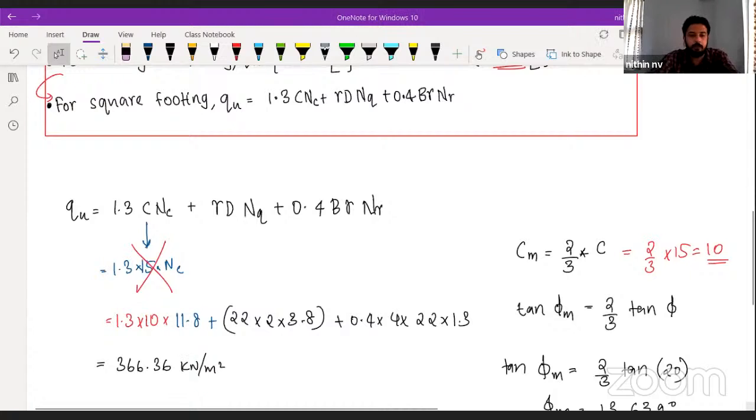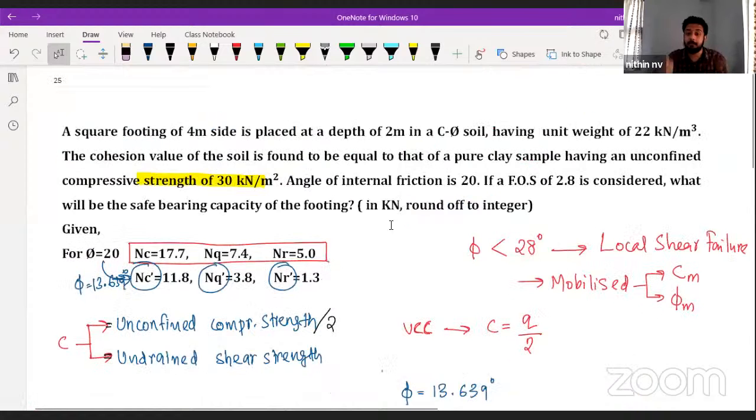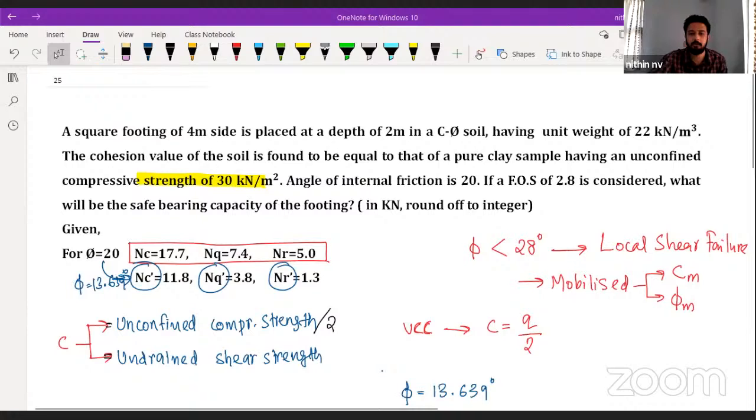QU, yes, very good. Okay, now what we need to do: guys, we may take maximum 5 more minutes, then we'll finish. If they were asking what will be the ultimate bearing capacity or gross bearing capacity, that is our answer.